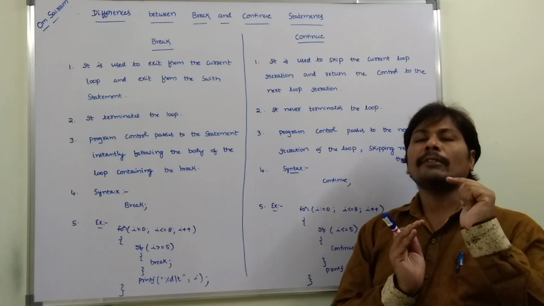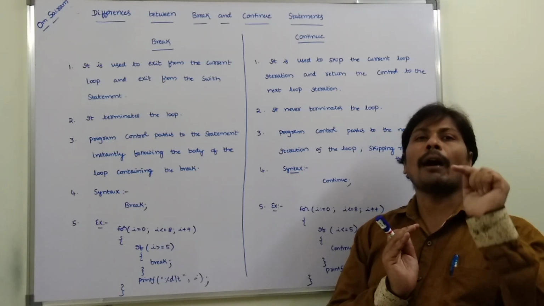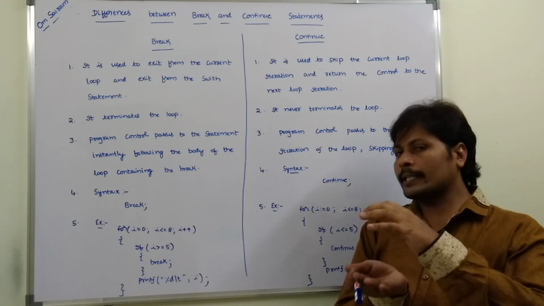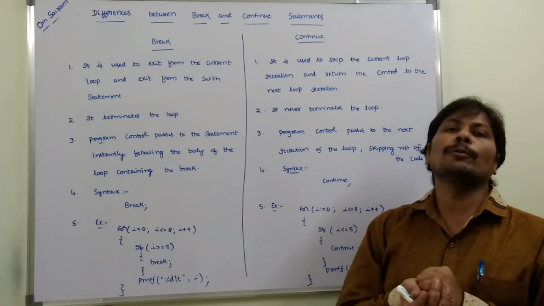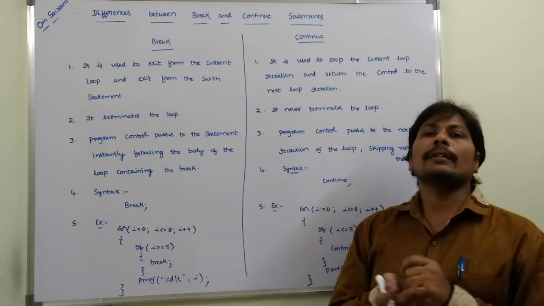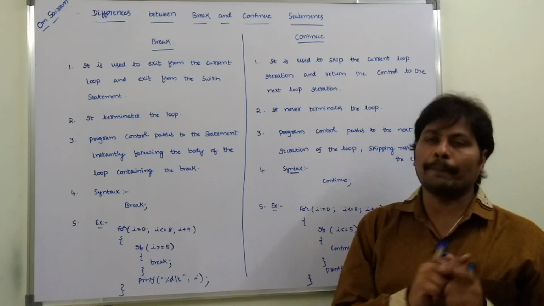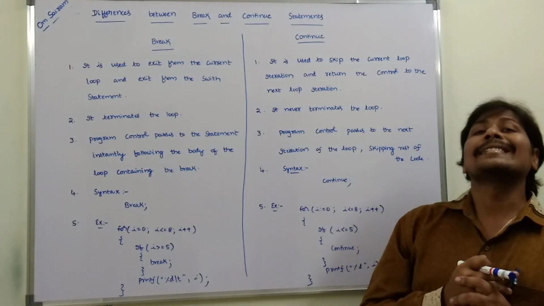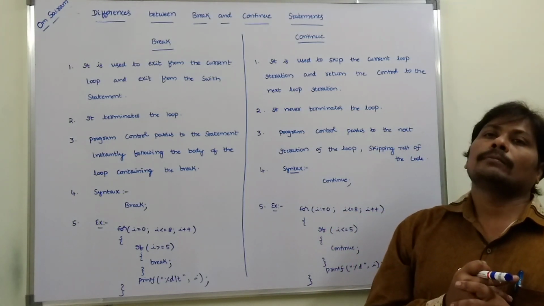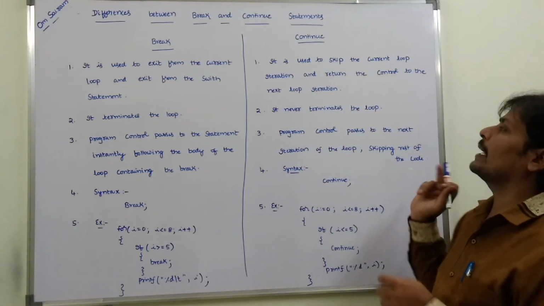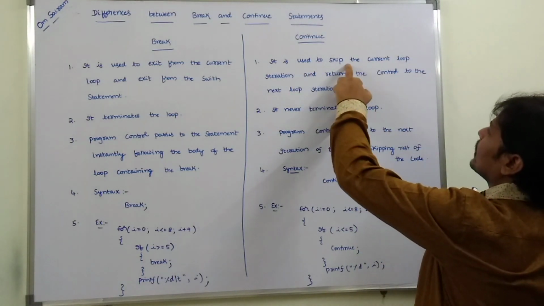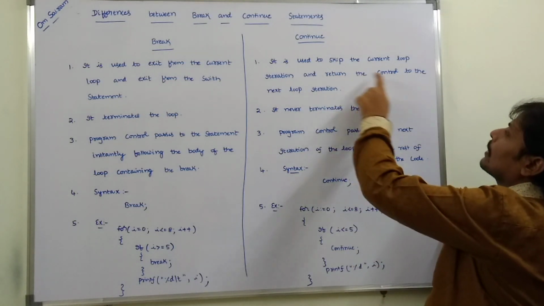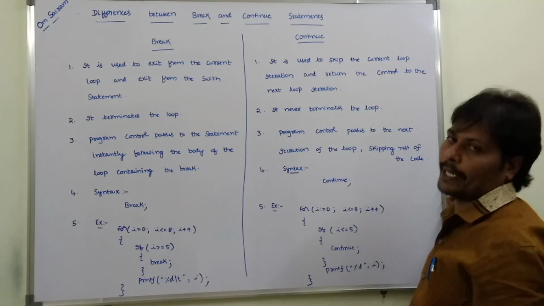Whenever a continue statement occurs in the first iteration, whatever statements are after the continue statement are skipped. Again, the program control goes to the next iteration. That is the meaning of the statement: it is used to skip the current loop iteration and return the control to the next loop iteration.